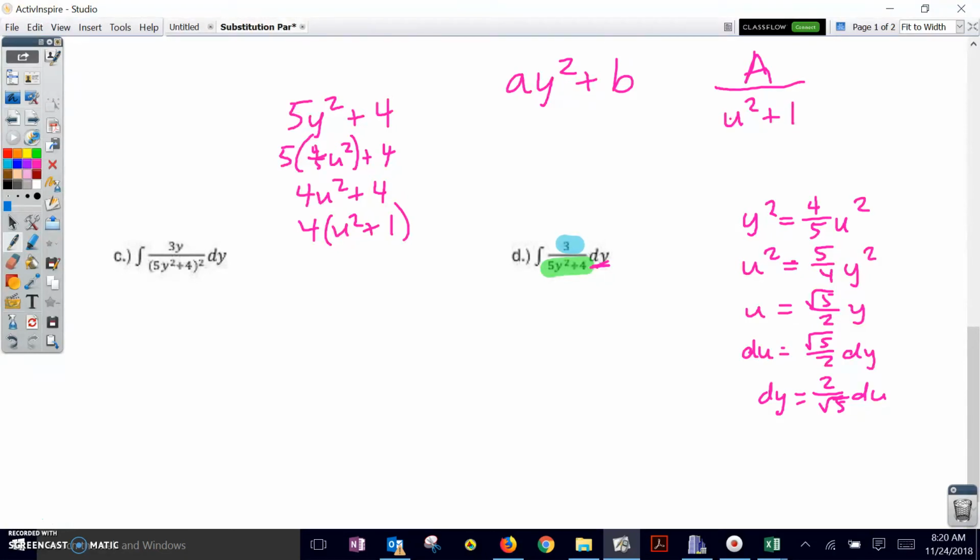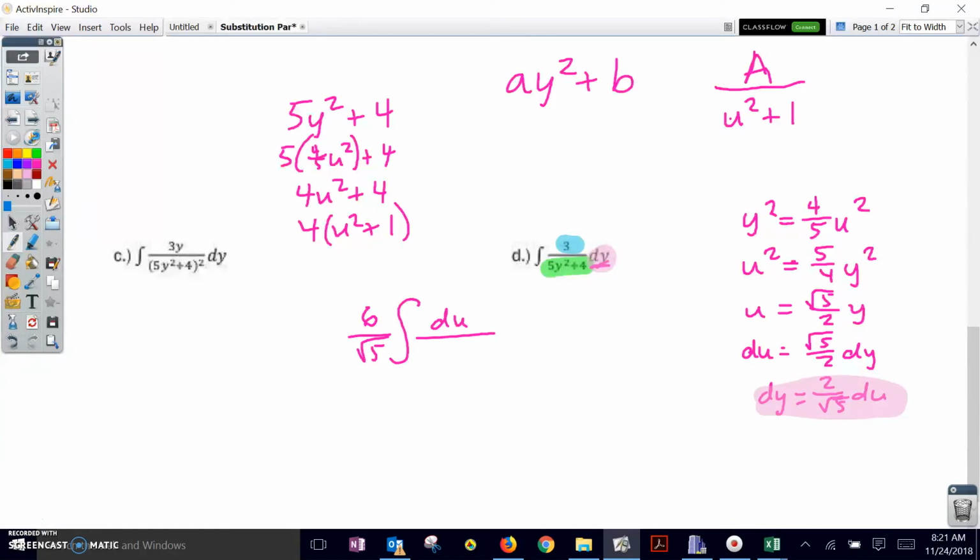First, I'm going to bring the 3 out in front. I'm going to replace dy exactly with what it's equal to, 2 over the square root of 5. So I'm going to bring that 2 over the square root of 5 out in front and just put a du in there. So that gives me 6 over the root of 5 du.